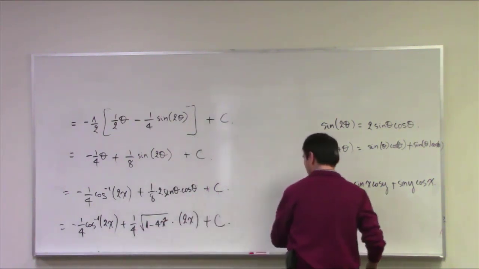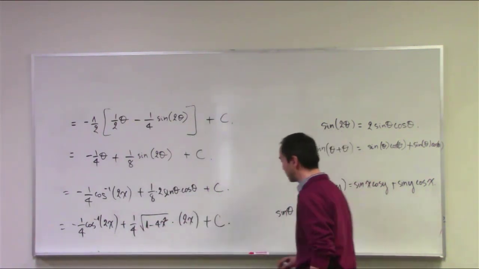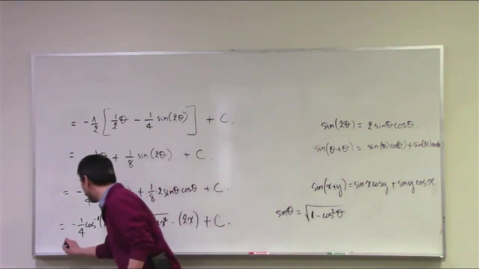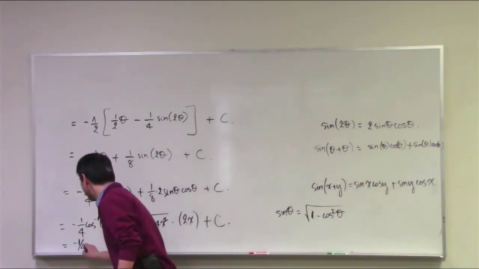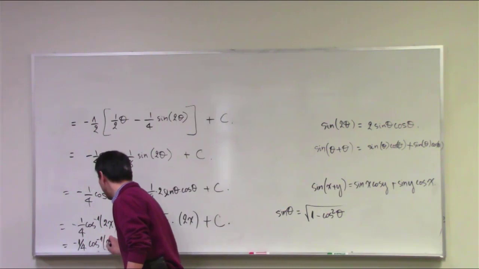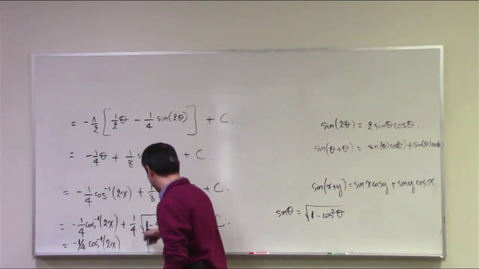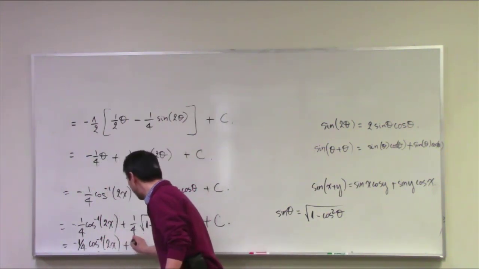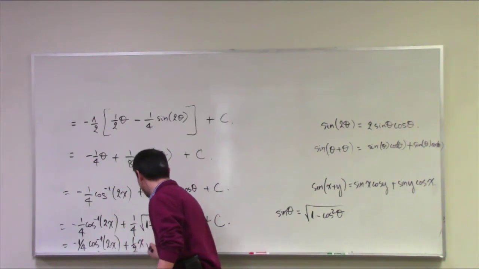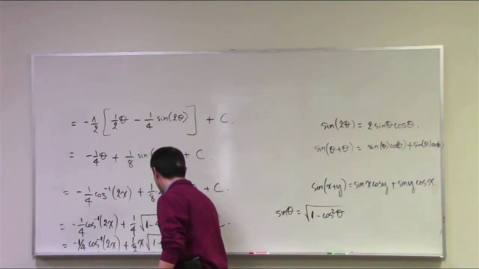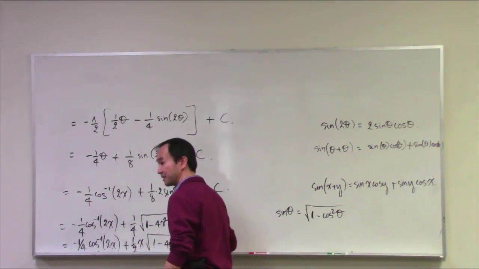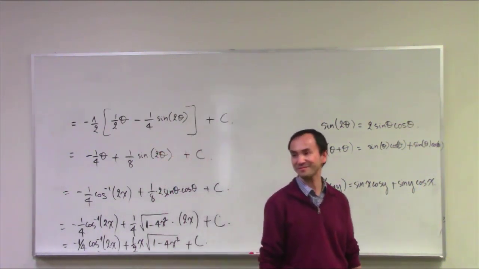So our real final answer will come out being negative 1/4 cosine inverse of 2x plus, now that cancels, making it only a half, 1/2 x square root of 1 minus 4x squared. Let's see. You want to say no? Okay.